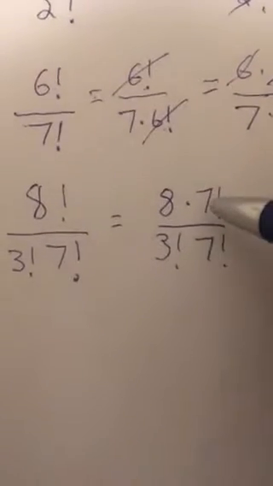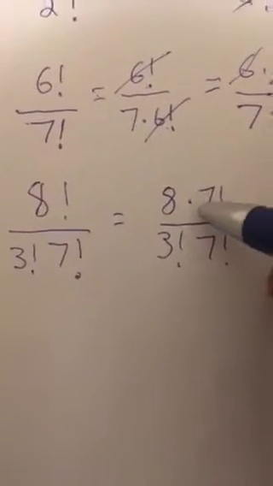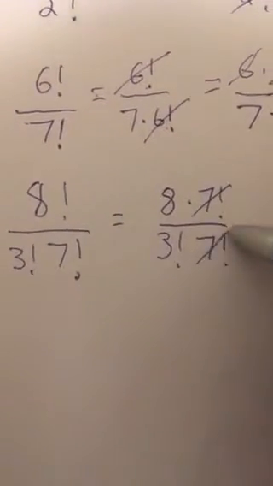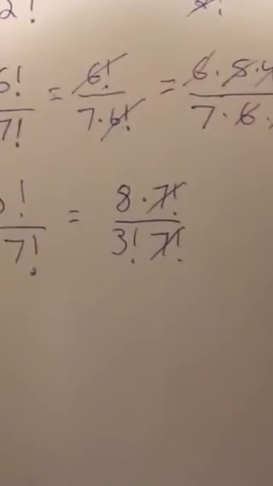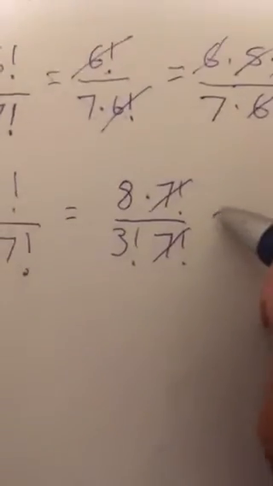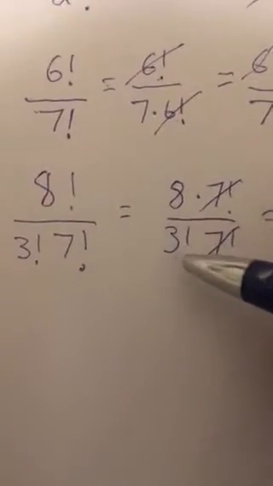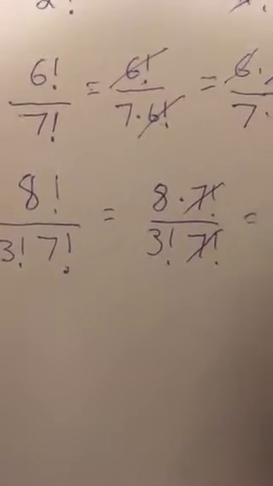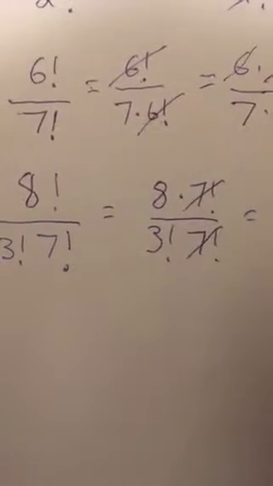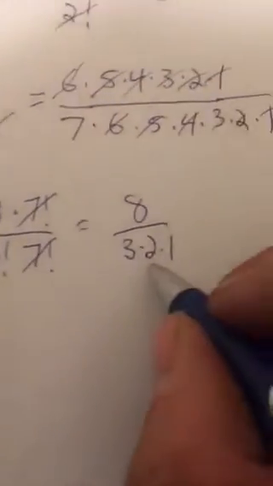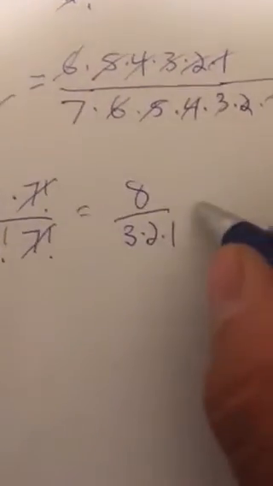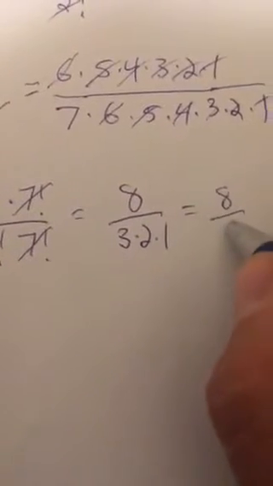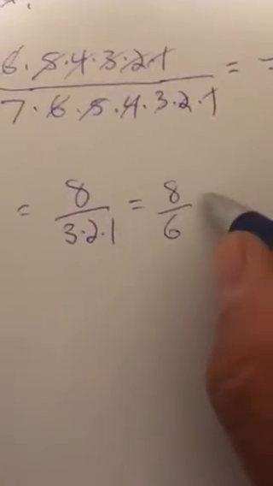So you have 8 times 7 factorial and 7 factorial. So you can cancel each other out. They reduce to 1. And so you have 8 in the numerator. Well, we really couldn't do anything with the 3 factorial. And that's 3 times 2 times 1. So that's 6. 8 divided by 6.